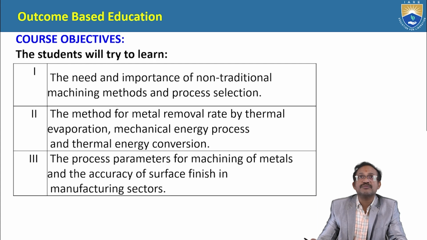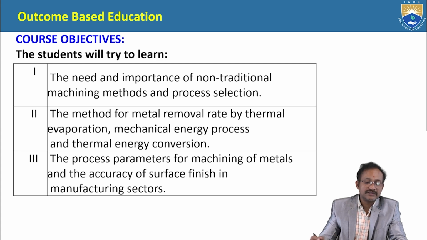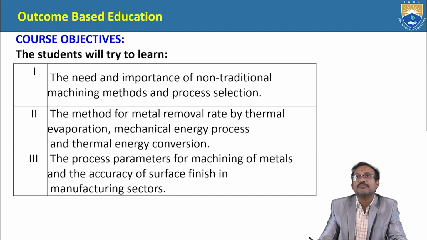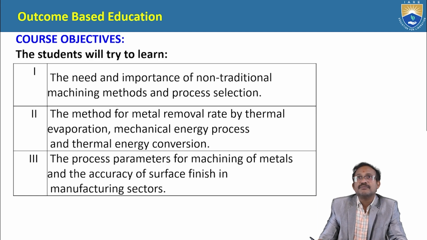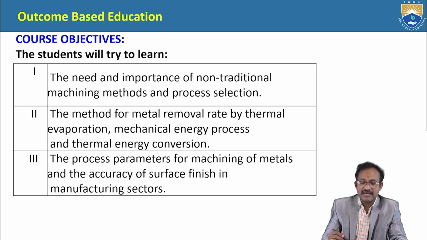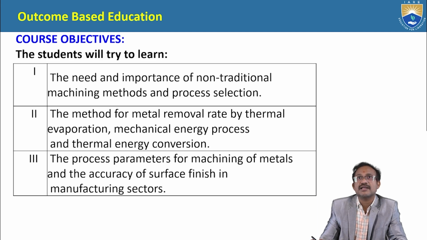Next, course objectives. The students will learn: one, the need and importance of non-traditional machining methods and process selection; two, the method for metal removal rate by thermal evaporation, mechanical energy process and thermal energy conversion; third, the process parameters for machining of metals and the accuracy of surface finish in manufacturing sectors.